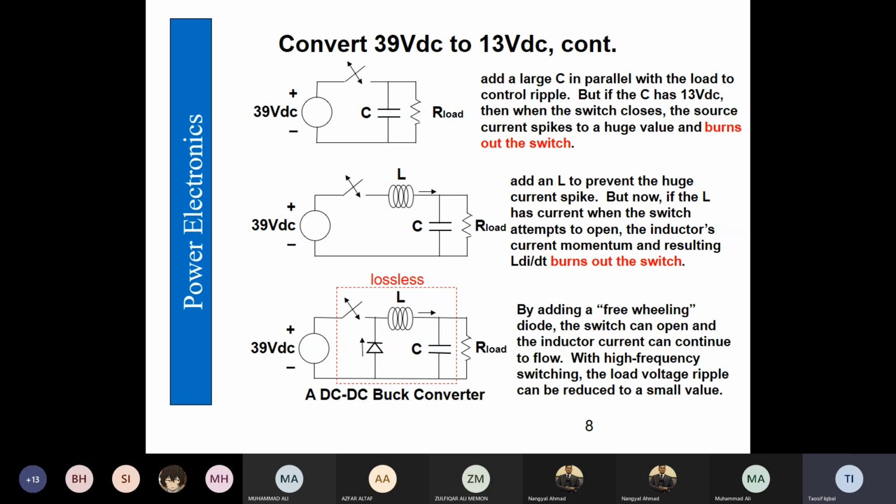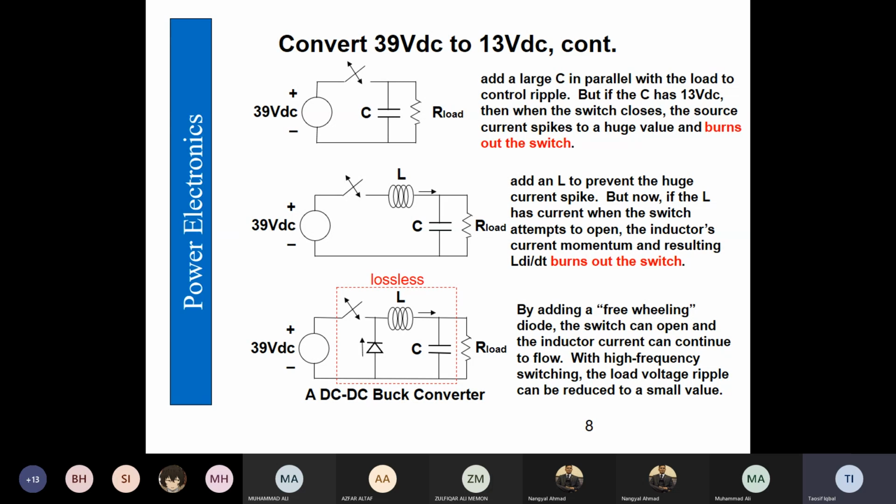Therefore, we can add an inductor to minimize the current ripple, to limit the current from going very high initially, so it prevents current spikes and everything goes okay. But when we want to switch off the control switch, the current is going to be cut down instantaneously, and the inductor does not allow that.